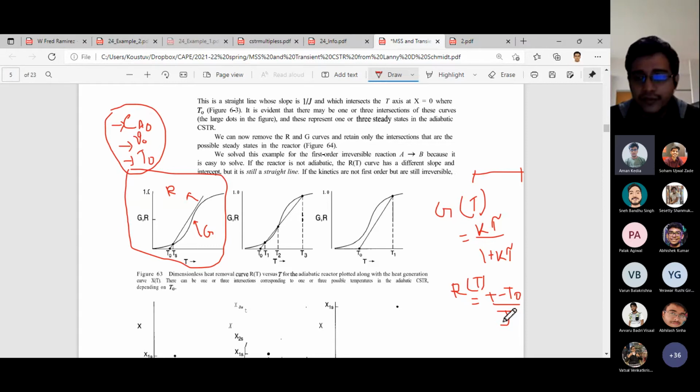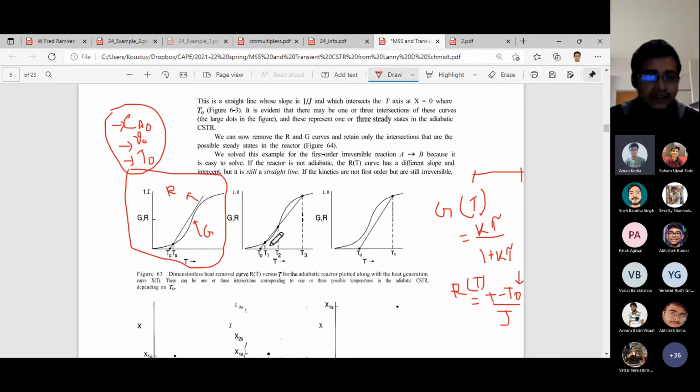But if you vary the T0 a little bit, that means the temperature of the inlet stream entering the reactor, so that we shift the line a little bit, what will happen? It may intersect now this way.